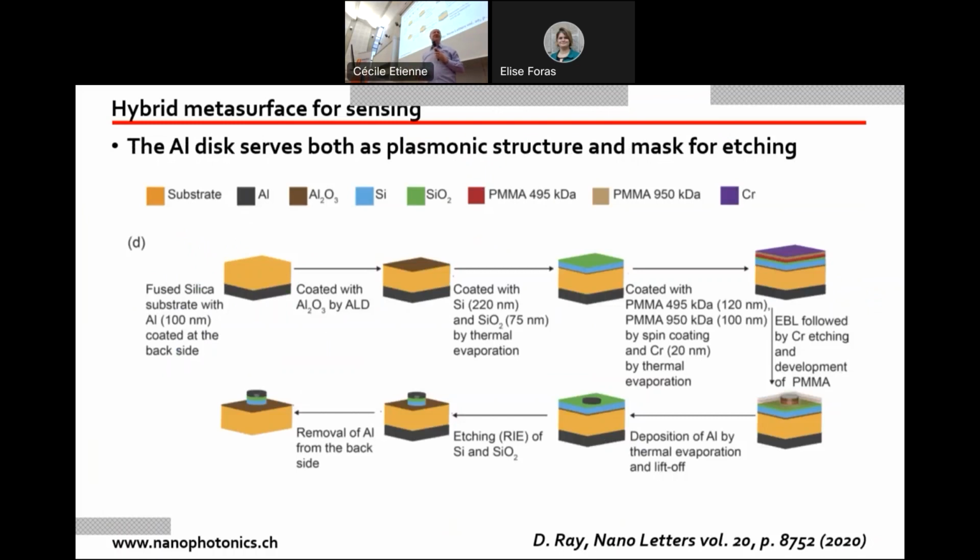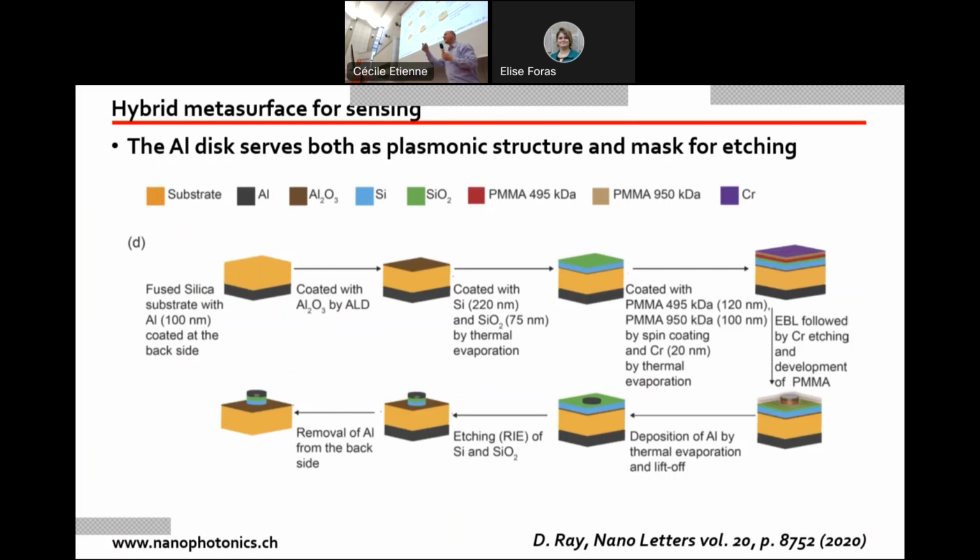The process is again an interesting process because it combines lift-off and etching. In order to make very vertical structures, you need to resort to etching. In that case, it's reactive ion etching to etch the silicon and the glass. And the mask that we use is the aluminum cylinder.